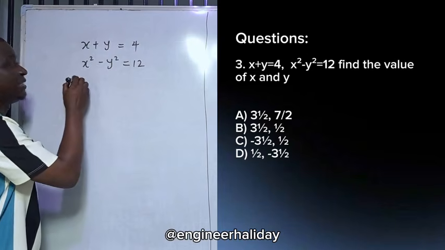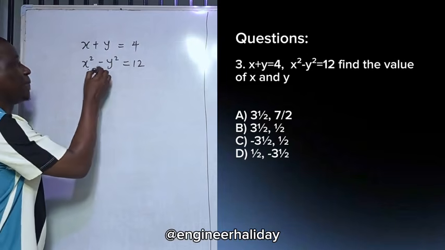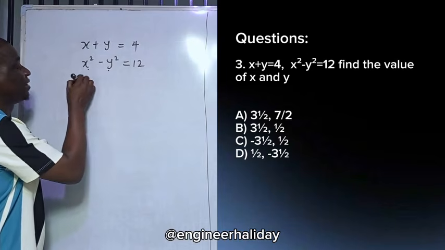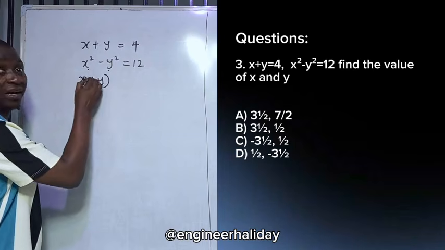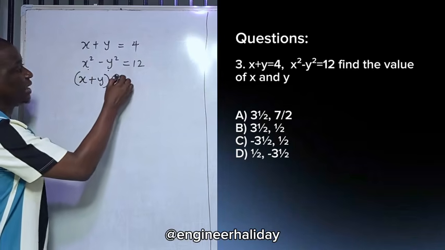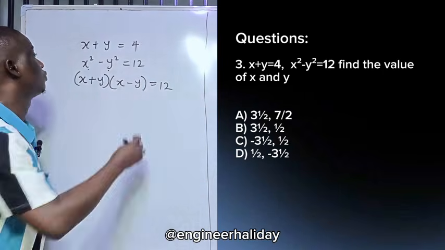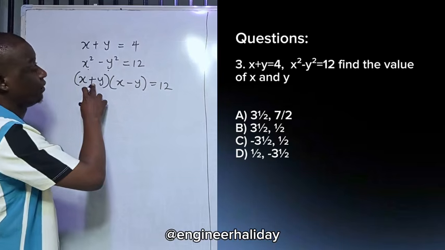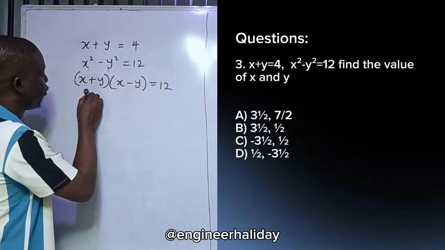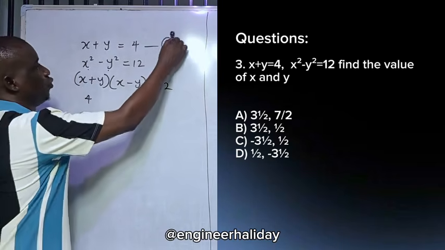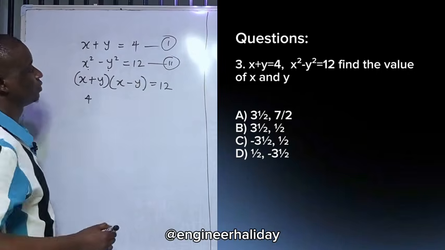This is basically a difference of two squares. So x squared minus y squared can be written as x plus y, then x minus y, equal to 12. So what I want to do is to substitute 4 here. This is equation 1 and this is equation 2.